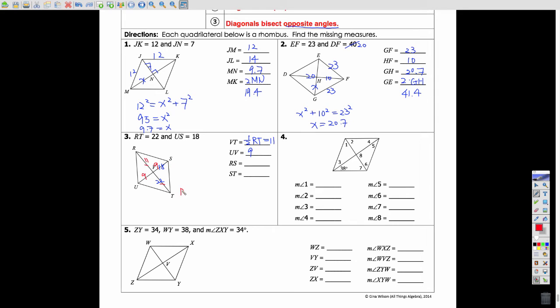So RS squared should equal 11 squared plus 9 squared. And RS should come out to be about 14.2. That's my red ink right there. Now ST. ST is right here. If RS is 14.2, all four sides are exactly the same at 14.2.